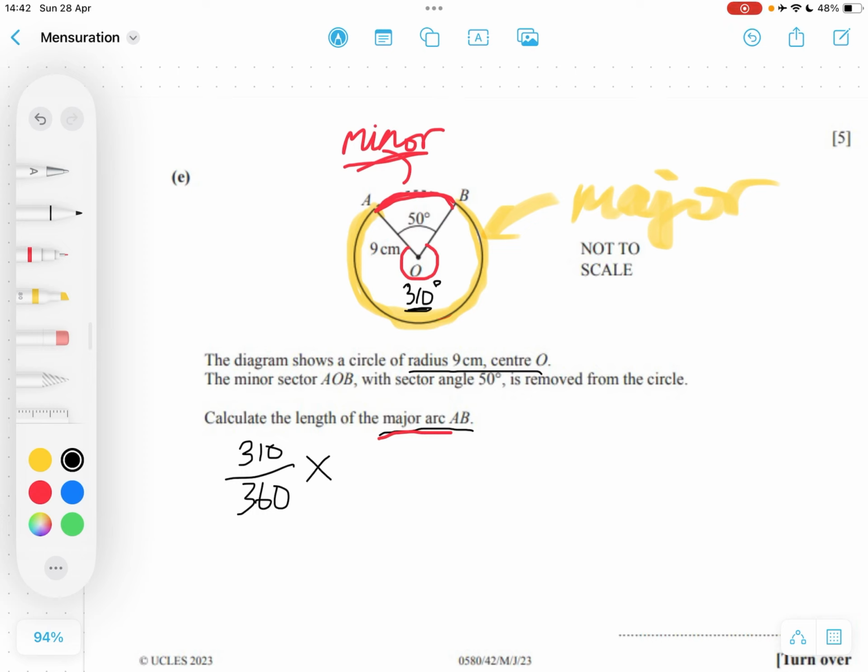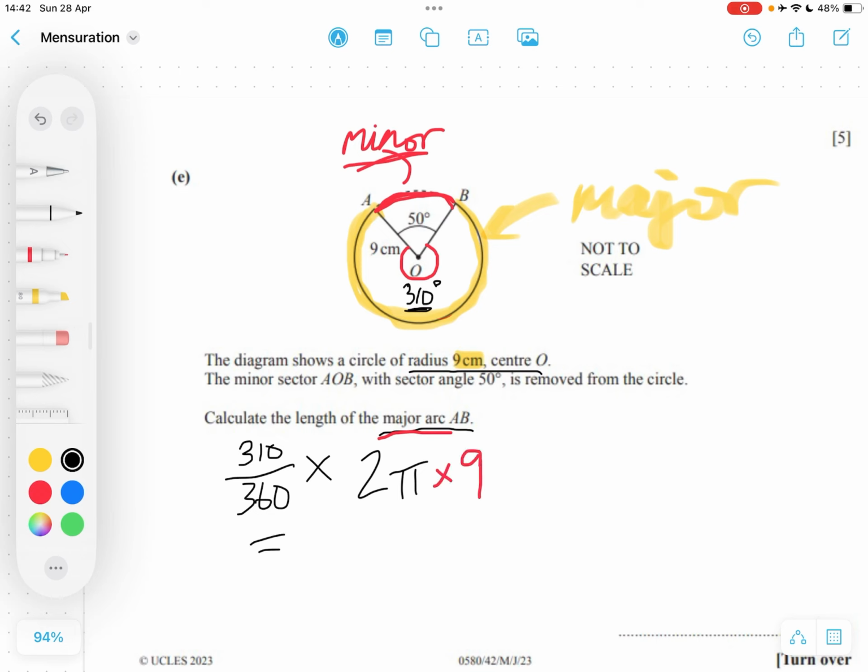And we should know how to calculate the circumference of a circle. That's just 2 pi r. And here we know that r is just the radius, which is 9 centimeters. It's given in the question here. So we can replace the r with 9 centimeters. And that's it.